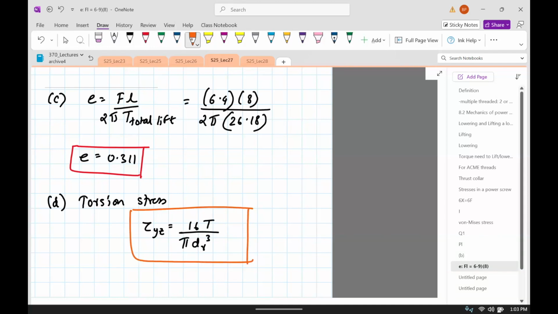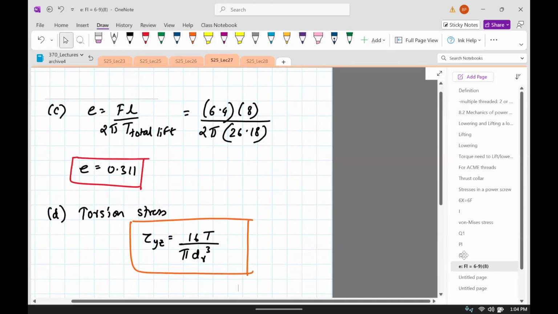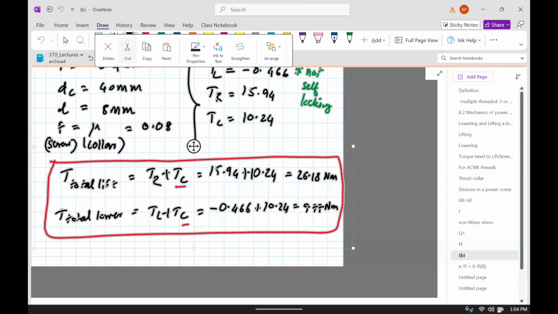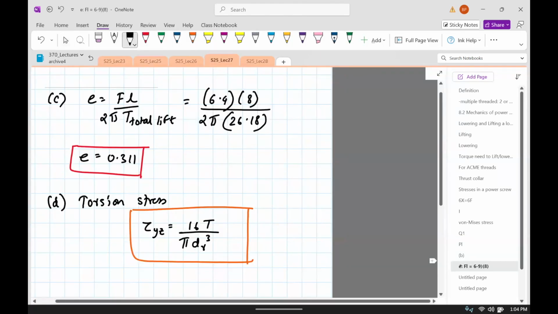Yeah, so here what we need is a torque, and the torque, which we'll assume here, there are two torques. If you remember, there was a torque due to lifting and there's a torque due to lowering. Okay, and we want to compute the maximum stress. So between the two, the lifting torque was higher than the lowering torque, so we'll just use that one.